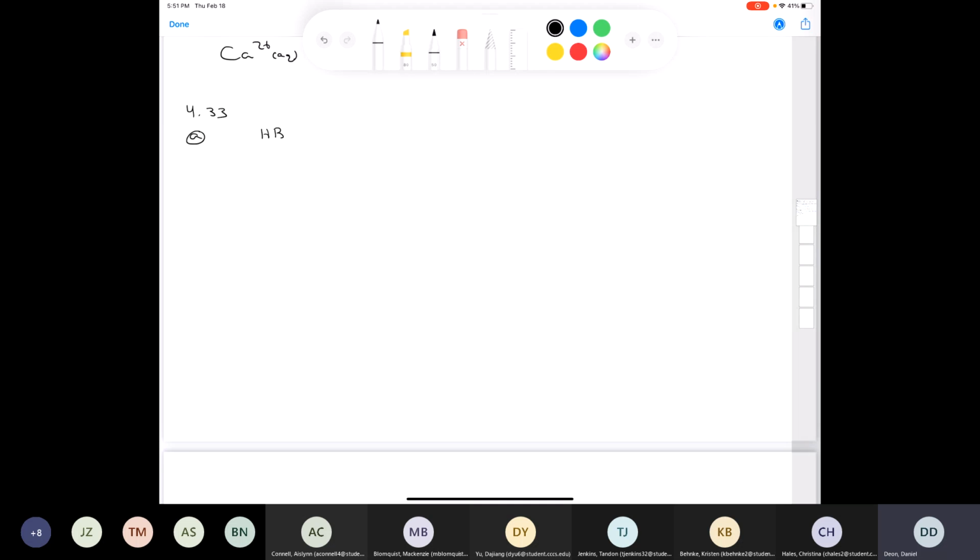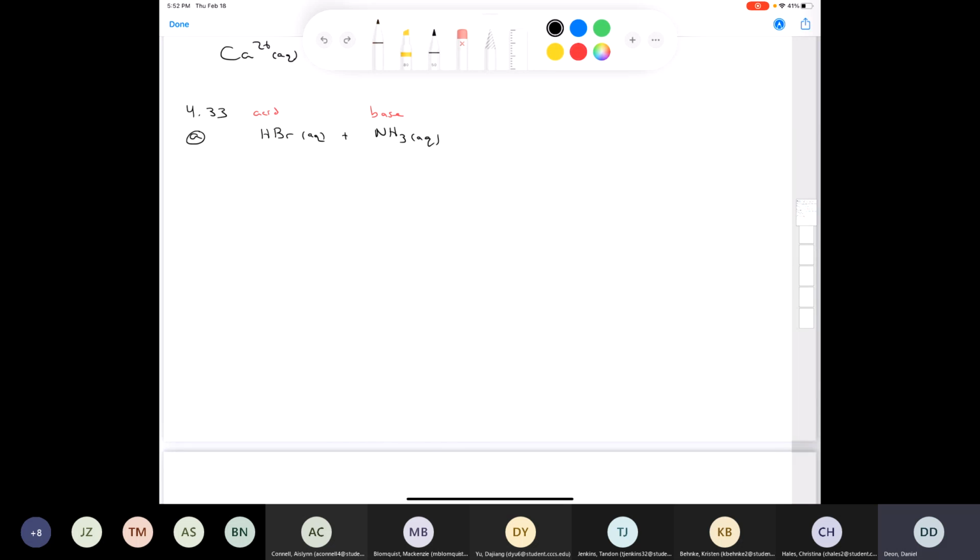So we're starting with HBr, which is hydrobromic acid, plus ammonia, which is a base. So this is an acid, and this is a base. It asks you to balance the equation, then write the ionic and the net ionic equations. But we know from Bronsted-Lowry that the acid is going to donate a proton, and the base is going to accept a proton.